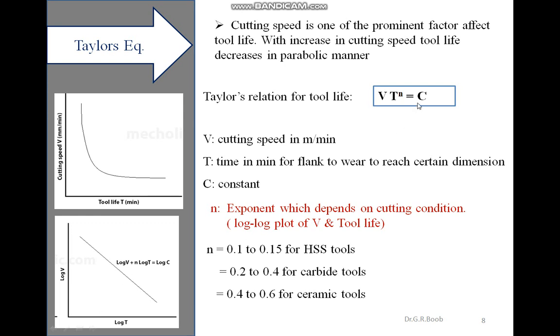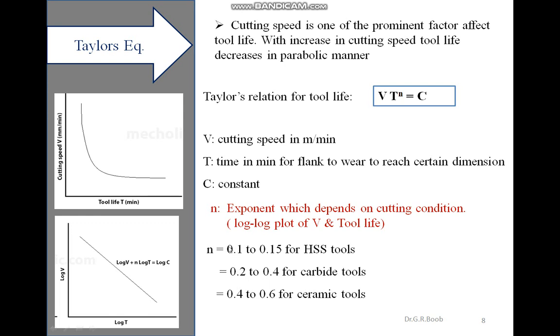So that is how we can get the value of constant C. V is cutting speed in meters per minute, T is time in minutes for flank wear to reach a certain dimension, C is constant, and n is exponent. This exponent depends on the cutting condition.